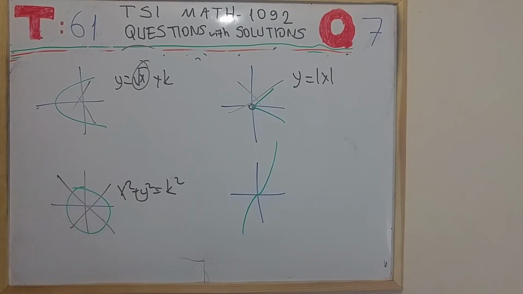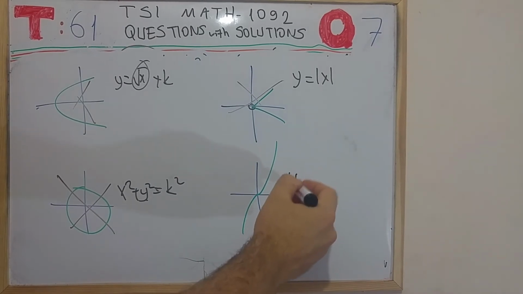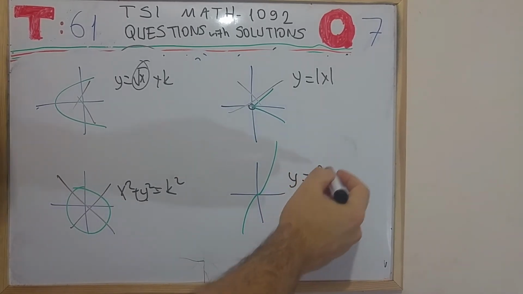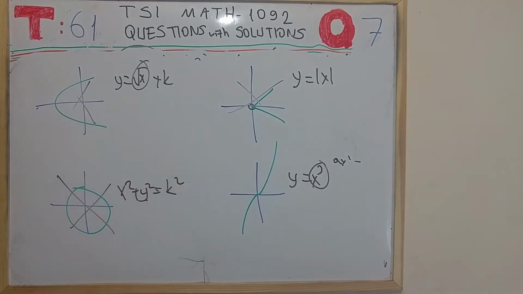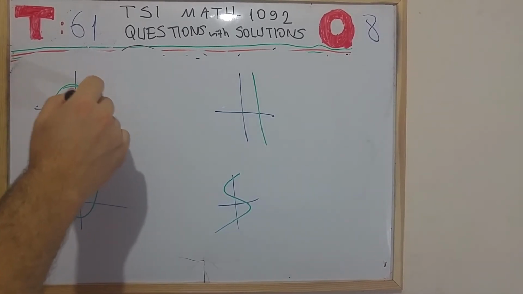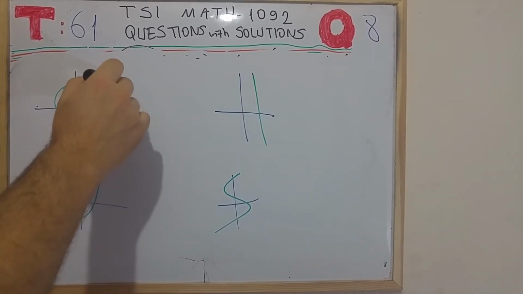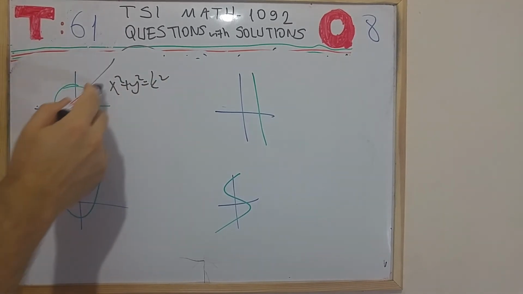I have a degree, the y here has a degree, and here we have something like y is equal to x cubed. Maybe it's an ax cubed plus b, whatever, but since we have an x cubed, this becomes a function. Here in this question, this is not a function again, because this is the circle, so this is something like x squared plus y squared is equal to something squared, so this cannot be a function.